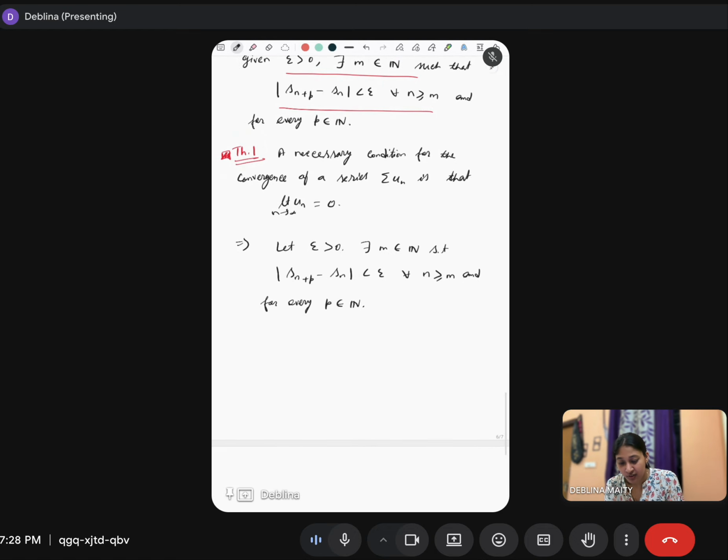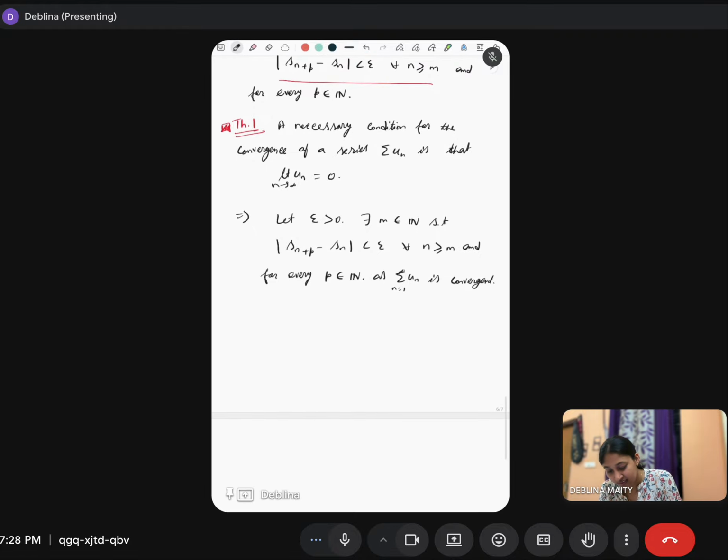This happens because the sum of this series is convergent. Right? So we are taking that this is convergent, then we get this by the Cauchy principle. Now since it is true for every p belonging to N, take p equals 1.